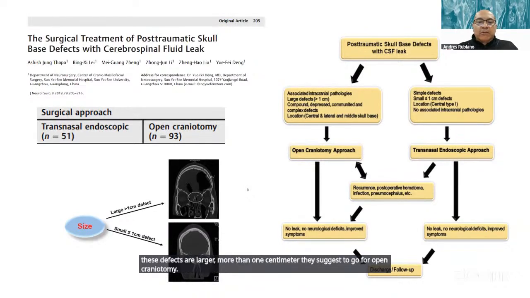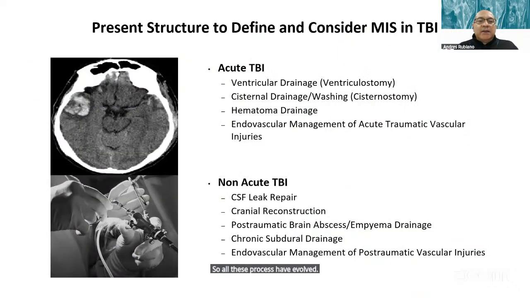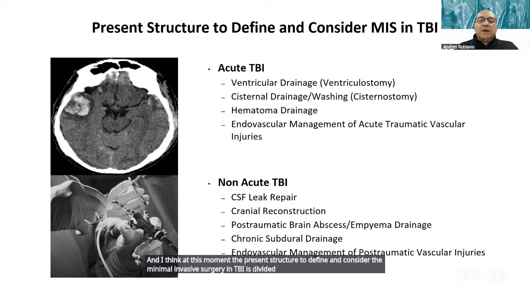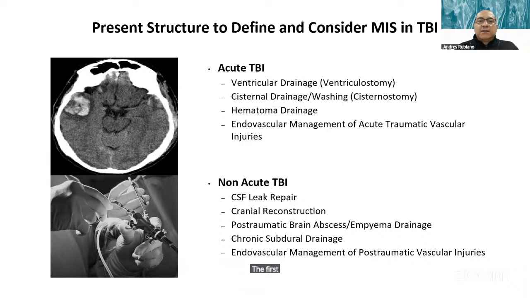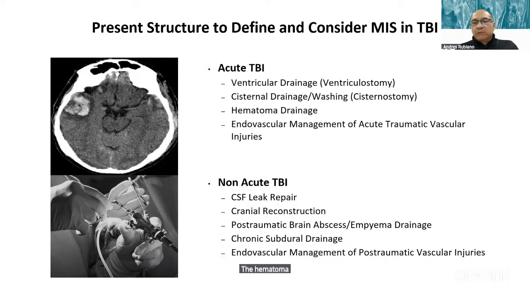So all these processes have evolved, and I think at this moment the present structure to define and consider minimal invasive surgery in TBI is divided in two big groups. The first one is dedicated to acute traumatic brain injury patients and includes mostly ventricular drainage with ventriculostomy, cisternal drainage and washing of cisterns with cisternostomy, hematoma drainage, and then the vascular management of acute traumatic vascular injuries.